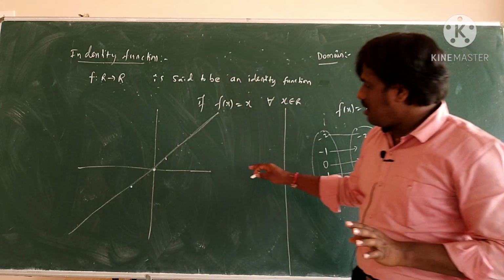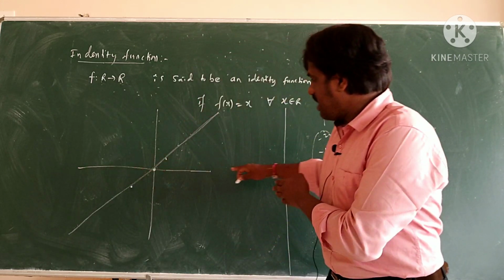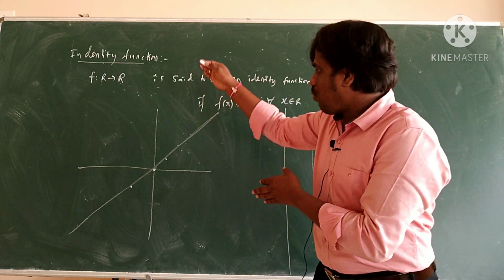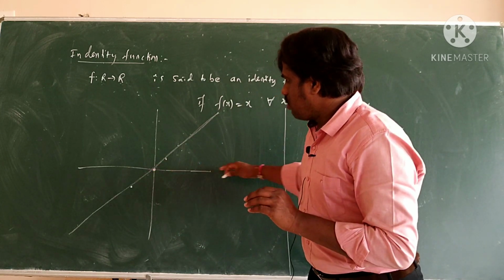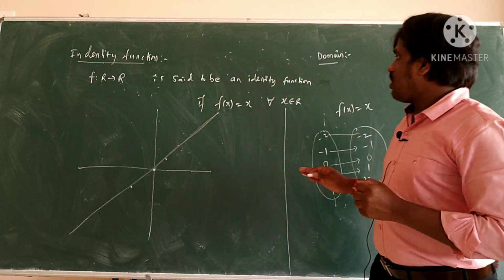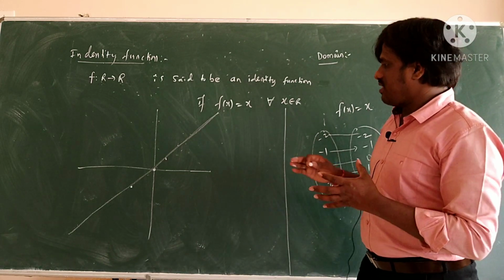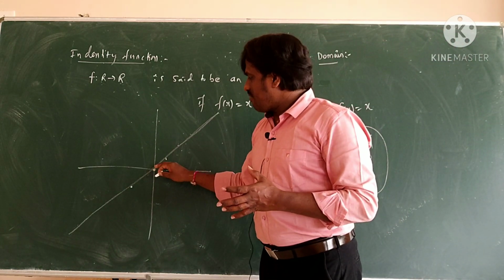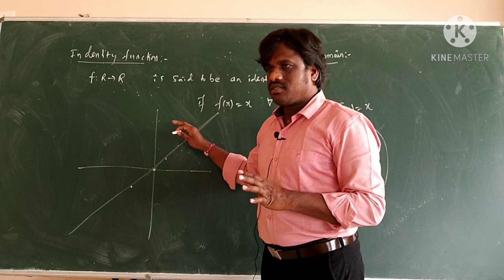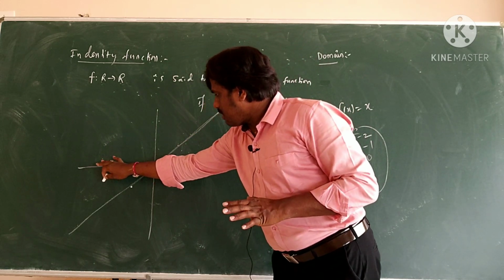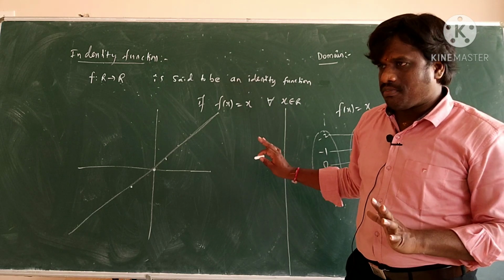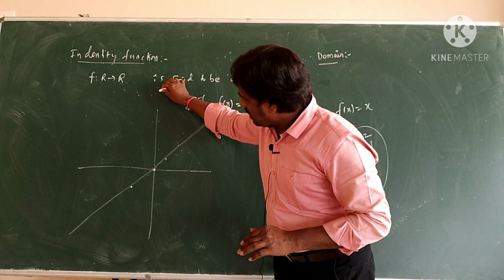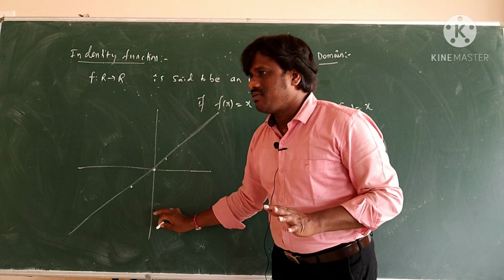Can I keep all numbers? The x-axis is domain, the y-axis is range. Remember these things. Now if I keep all real values, will I get an output or not? Yes. I can keep all real x, and the output I get is also all real.